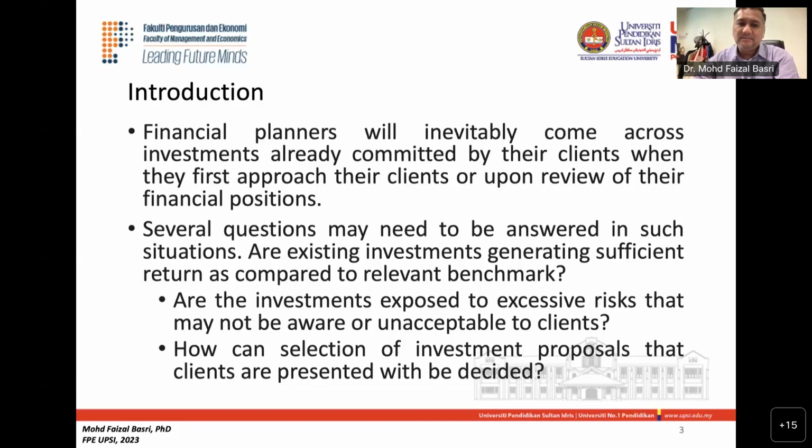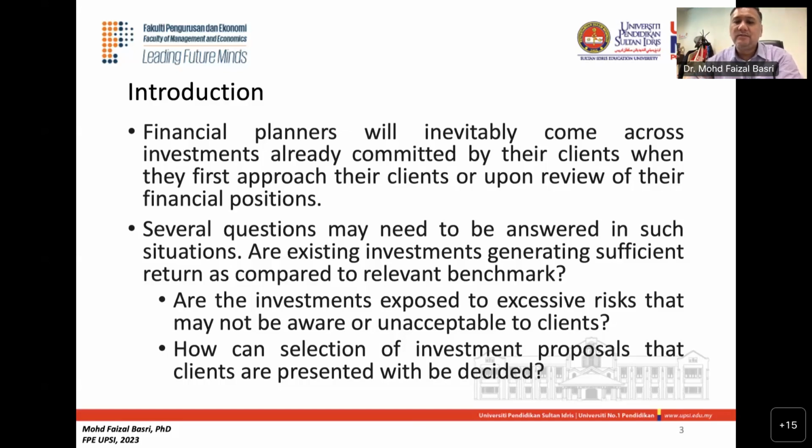But sometimes you may find that your clients, or even yourself, don't have any investment just yet. Regardless of whether it's a new client with no investments, or clients with existing investments, it doesn't matter. Anyhow, if they have invested before, we want to measure whether their investments are generating enough returns or not.